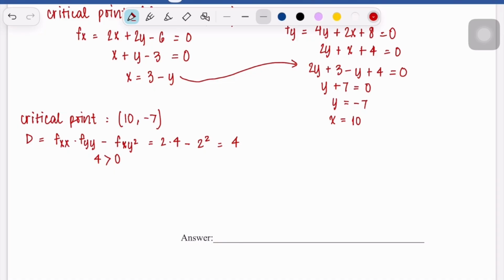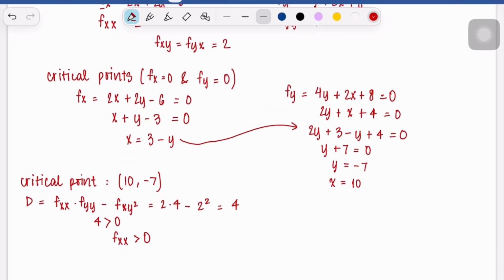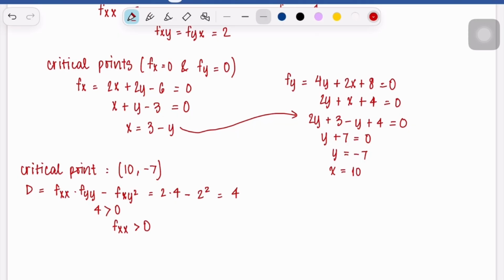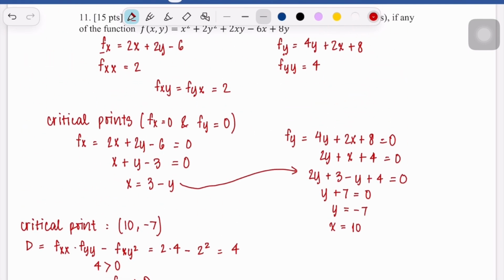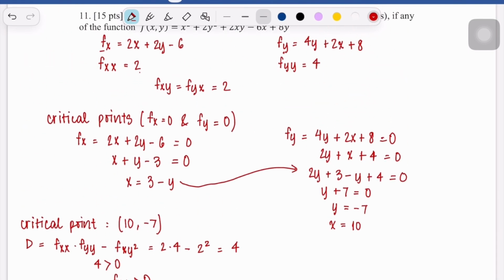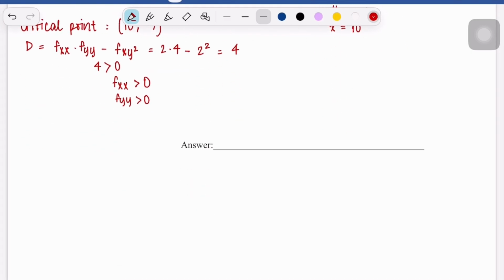Now we can observe the value of f_xx and see that that's greater than 0, right? And f_yy is also greater than 0. Okay, which means that this is a local minima.